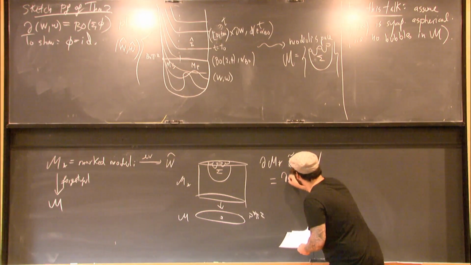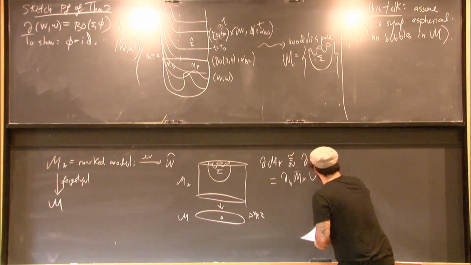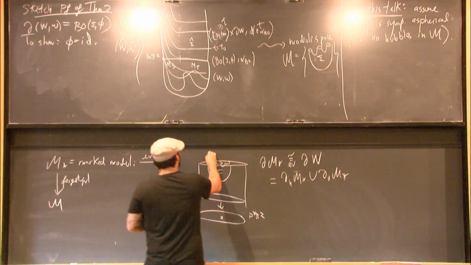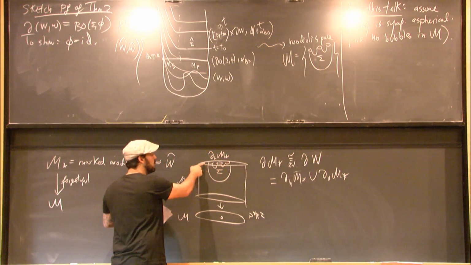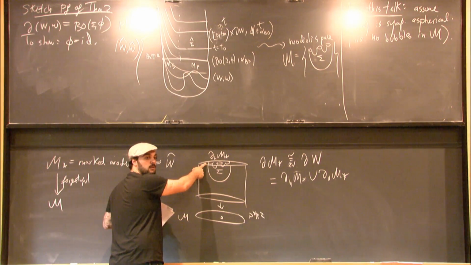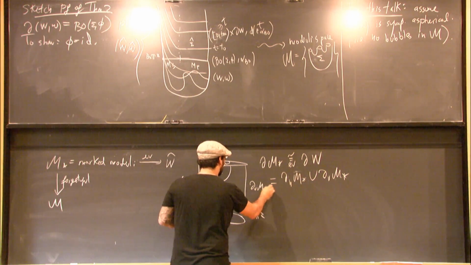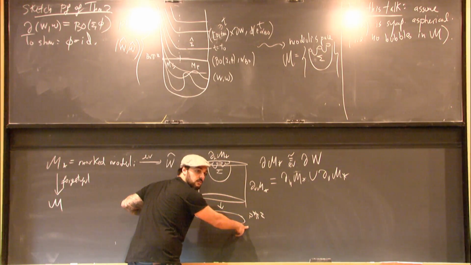It inherits some horizontal boundary and a vertical boundary. In this picture, this is the horizontal boundary consisting of all the boundaries of the fibers. And this is the vertical boundary consisting of whatever fibers over the boundary of the base, which is a T3.